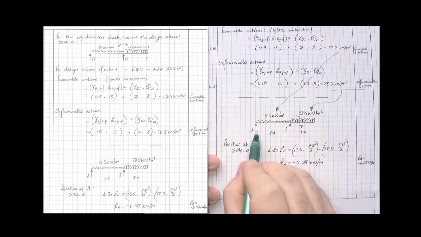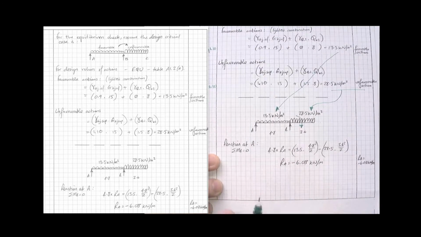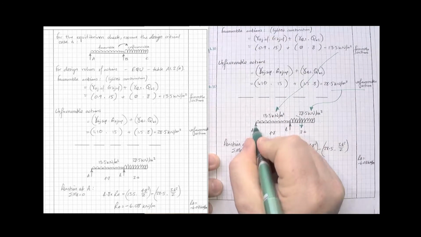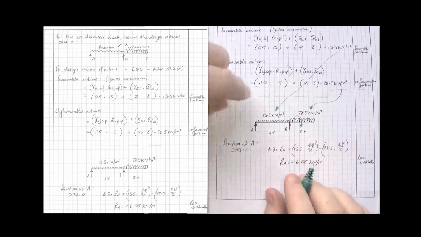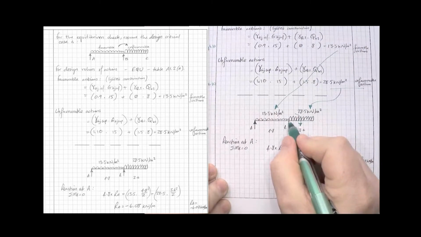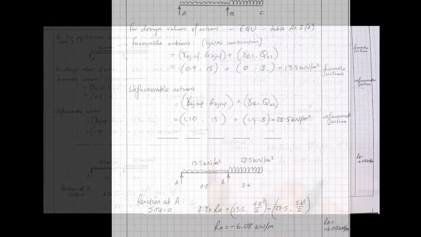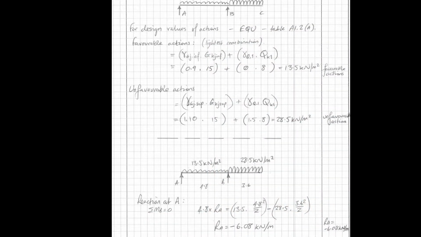We can find out what our reaction is at A to see whether it needs to be pointing upwards or downwards. So if we took moments around B, work through the final equation to find the reaction at A. You'll find that the reaction will in fact be negative, so it will have to be holding down in terms of equilibrium.